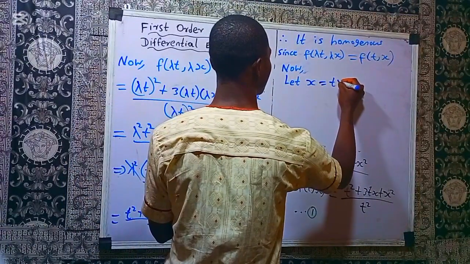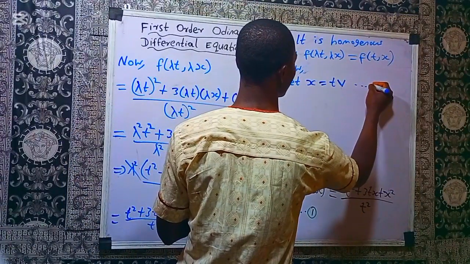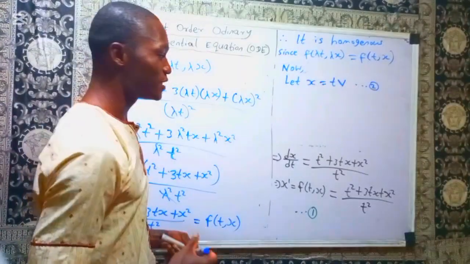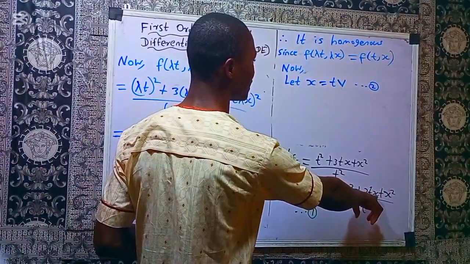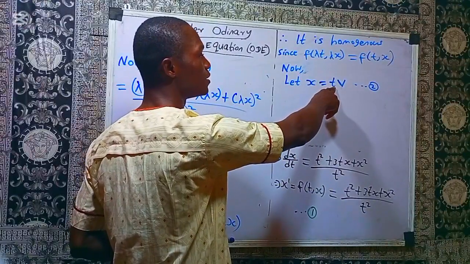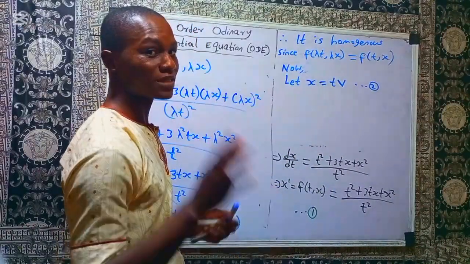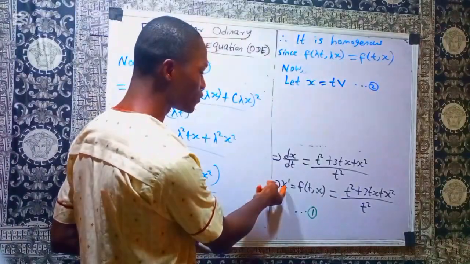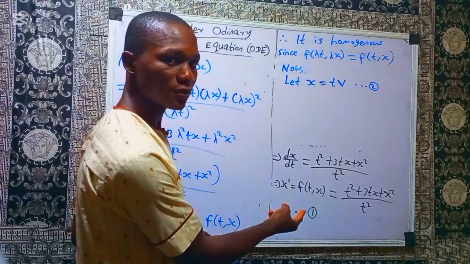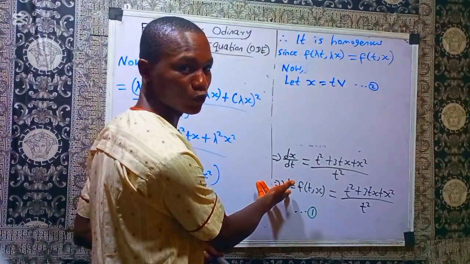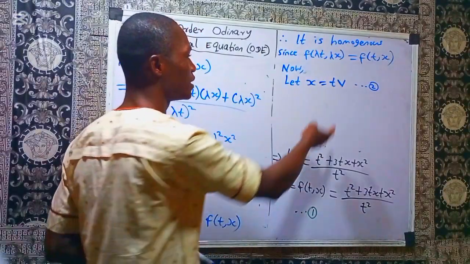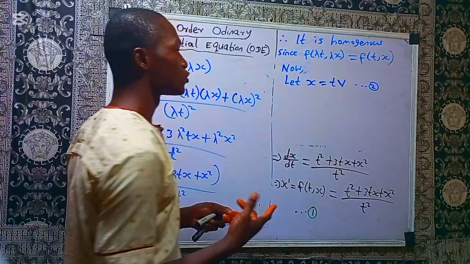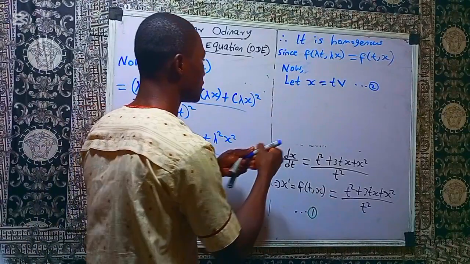So let me call this equation 2. It means in this expression, anywhere I see x, I will replace it with t times v, so that I will be able to solve it. Now what remains is that I need to get x prime, so that I can write it in terms of v and t. I will differentiate this.